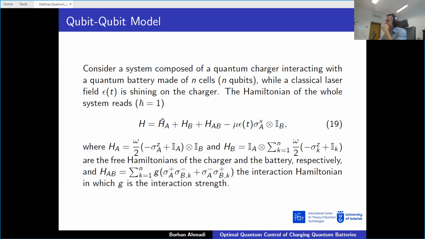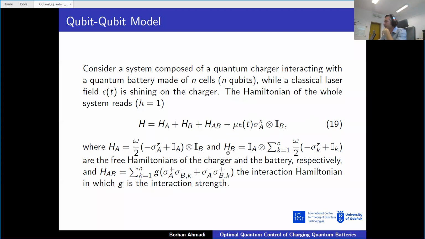So the Hamiltonian of the whole system of the charger plus the battery is written in this form: HA plus HB plus HAB. HA and HB are the free Hamiltonians of the charger and the battery, HAB is the interaction between the charger and the battery, and this is the interaction between the field and the charger.